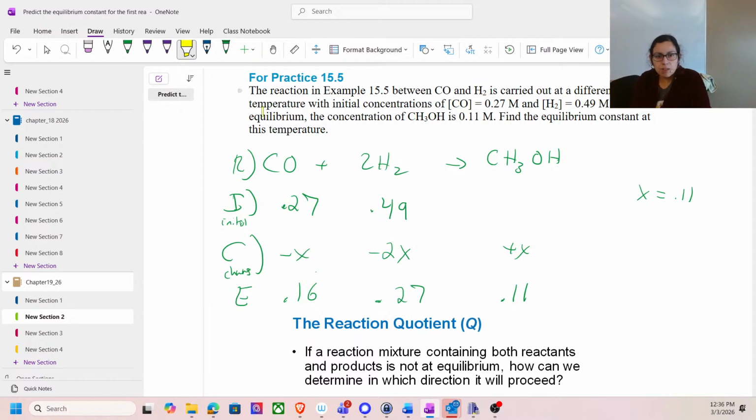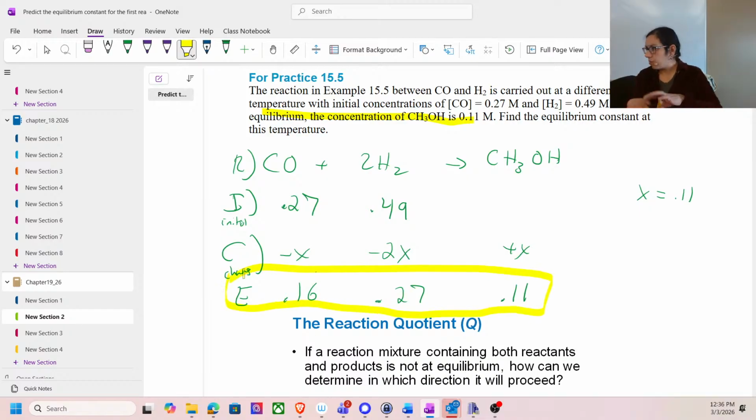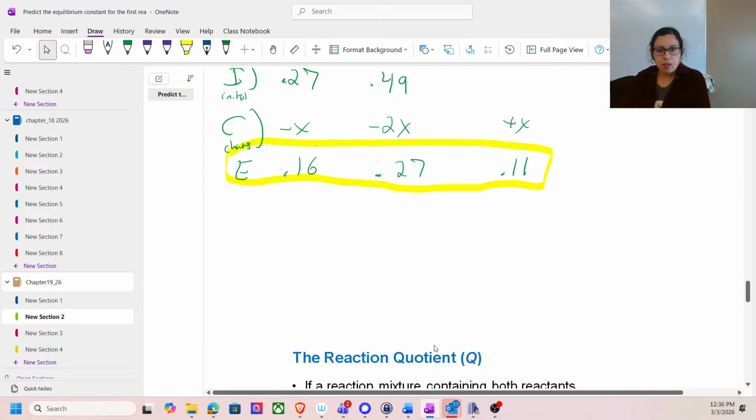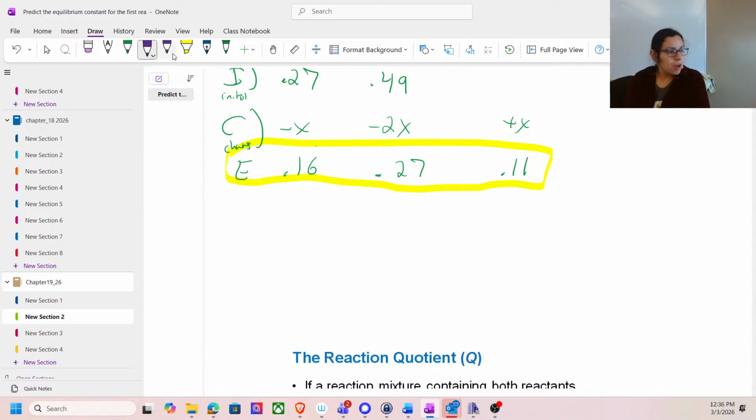They did give us our equilibrium concentration of 0.11 for our methanol. So then we were able to solve for x again, and get these equilibrium values. As long as you were able to get the equilibrium values, then you were pretty much home free.